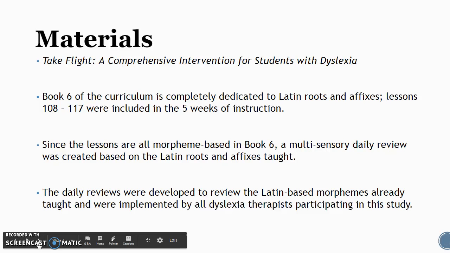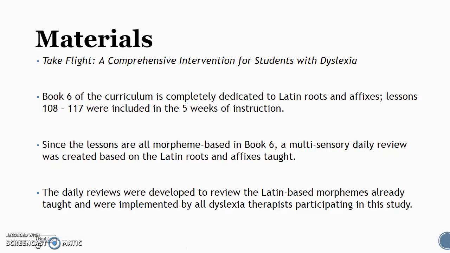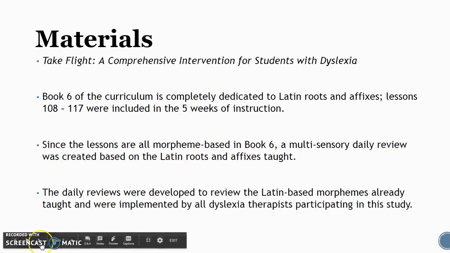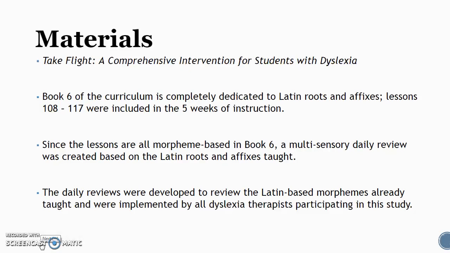Those were developed to review the Latin-based morphemes that were already taught and implemented by all the therapists that were participating in this study. Because the number of year 2 students at one campus is relatively small, I extended this to some other therapists to get a larger sample size and to increase that age range among the year 2 students.